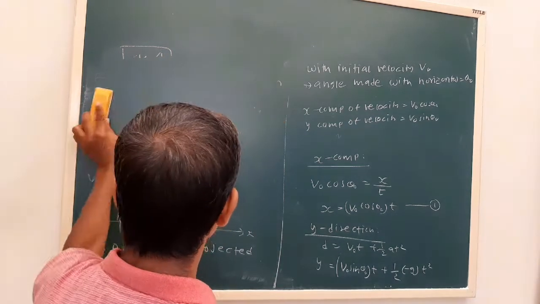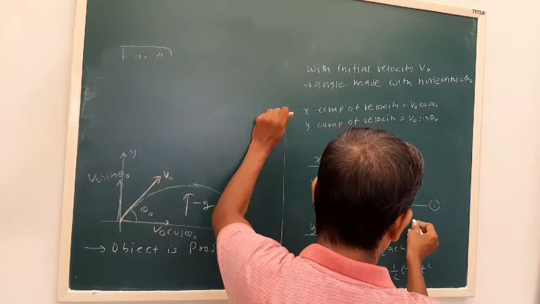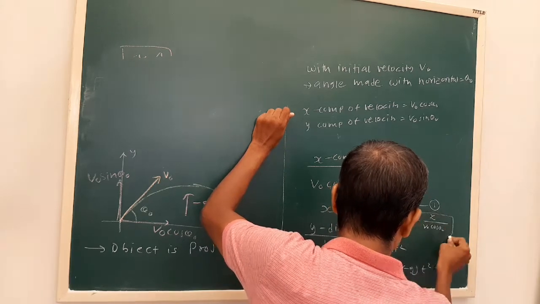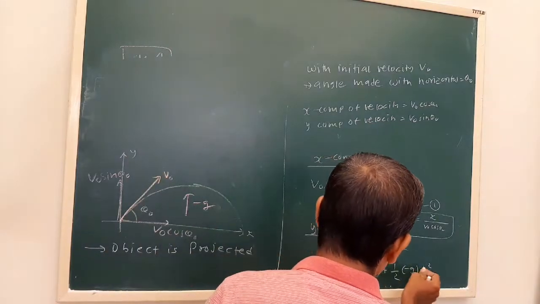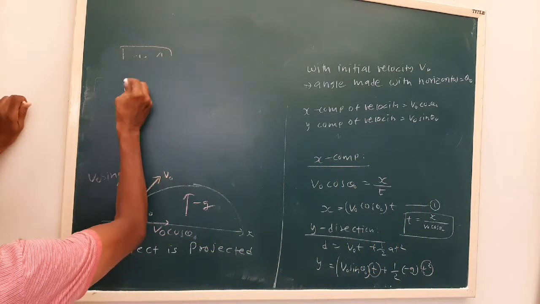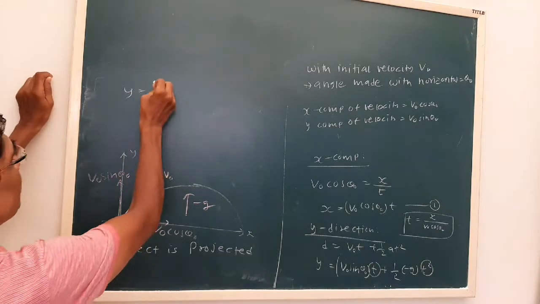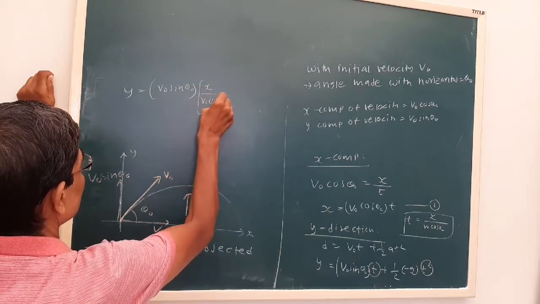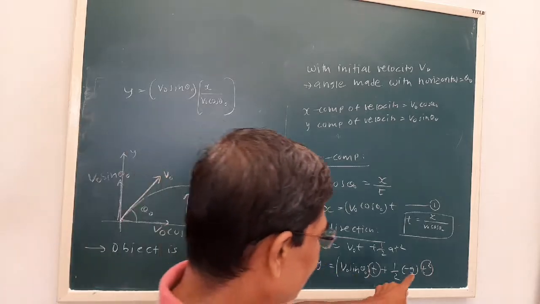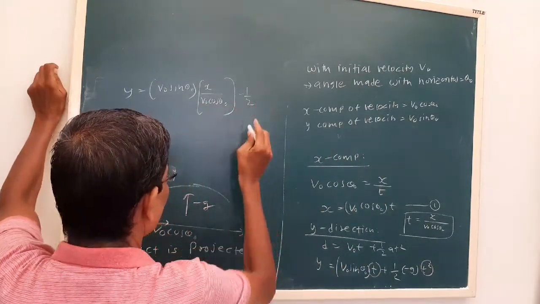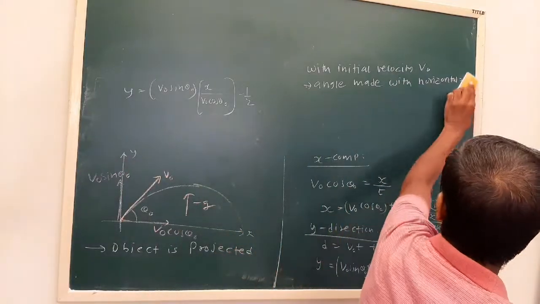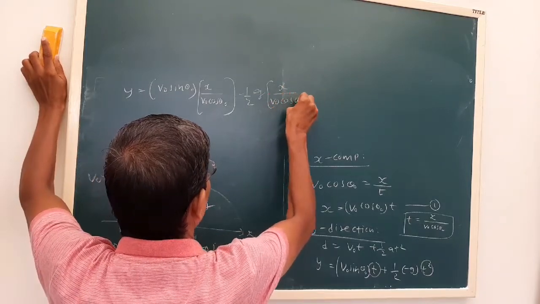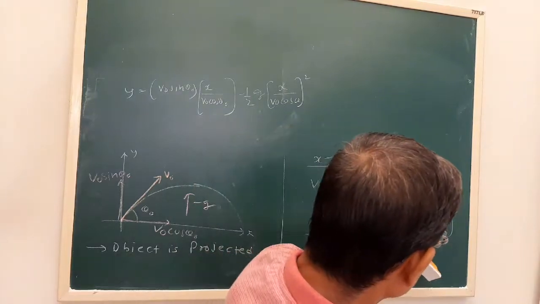Now see, from equation 1 I get the t value as x upon v0 cos theta. Now I have to substitute that here. So y will be v0 sine theta, t value is x upon v0 cos theta, and the minus sign will be here, minus 1 by 2 g, here it is t square, so I substitute the values.